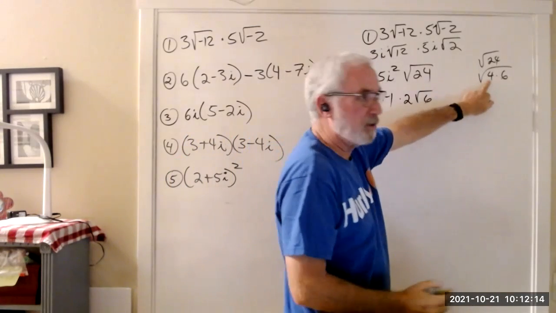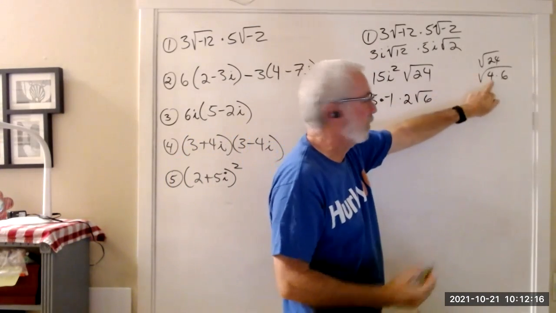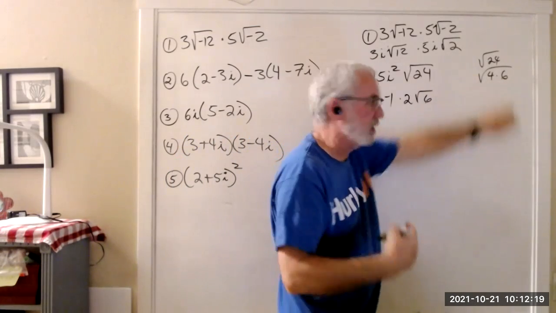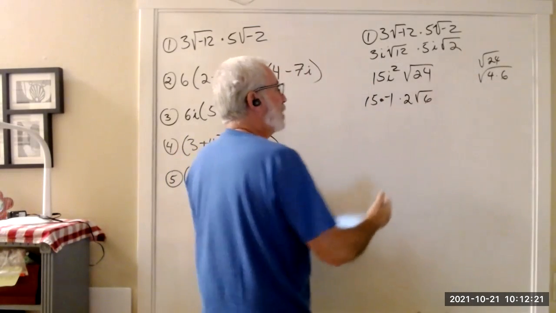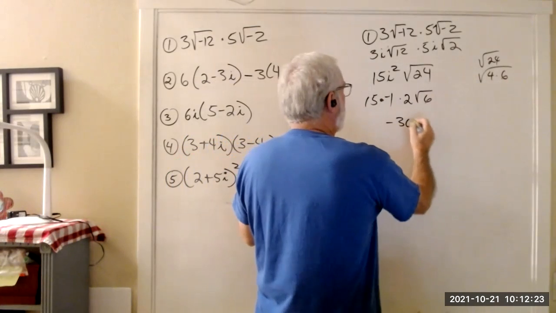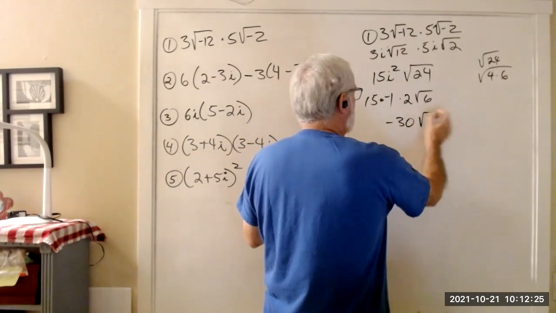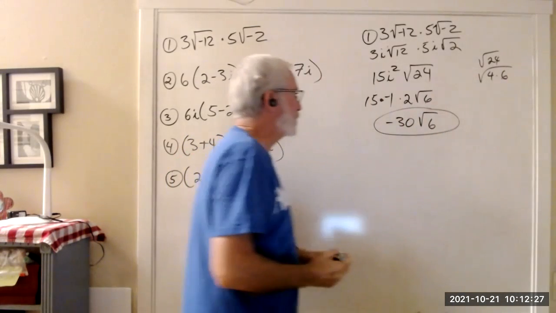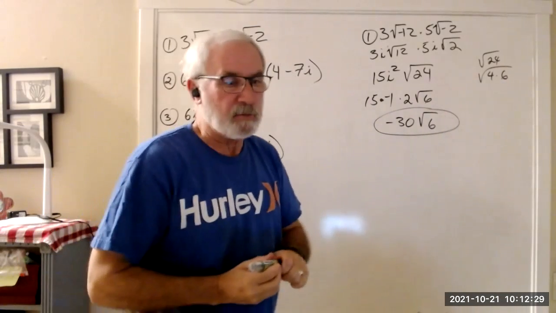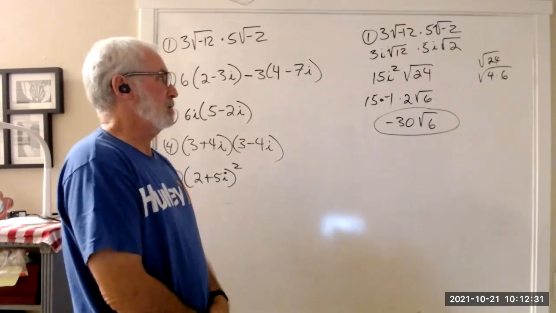The 4 comes out, square root of 4 is a 2, the 6 stays inside. Put all this together, you have -30 radical 6. You might have used slightly different steps, but that's the answer to number 1.